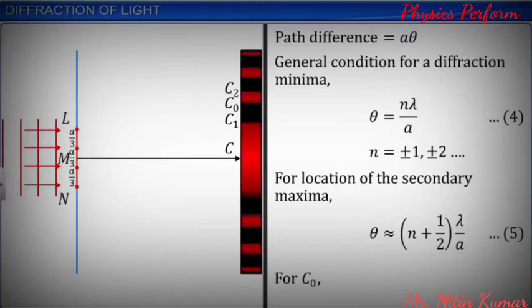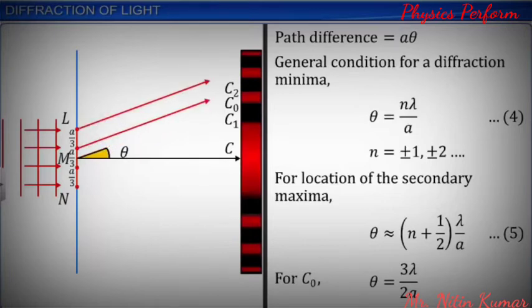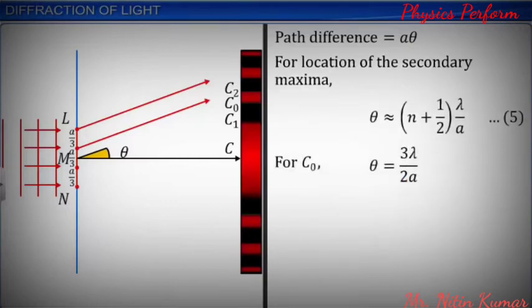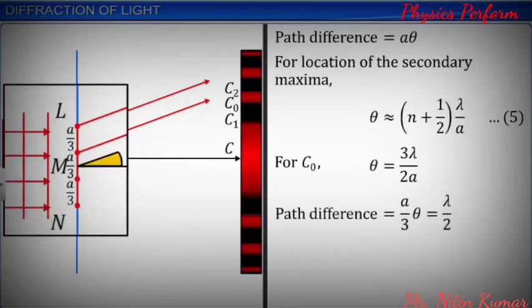Now consider 2 waves from the ends of the 2 top parts. Since the width of each part of the slit is a/3, the path difference between them at C0 is equal to (a/3) theta, which in turn is equal to lambda by 2. Hence, these 2 waves interfere destructively at C0.